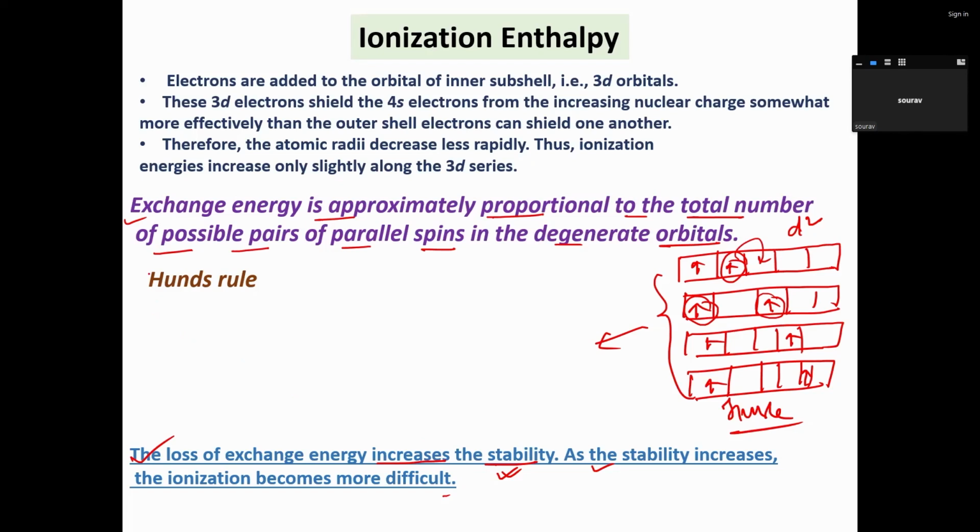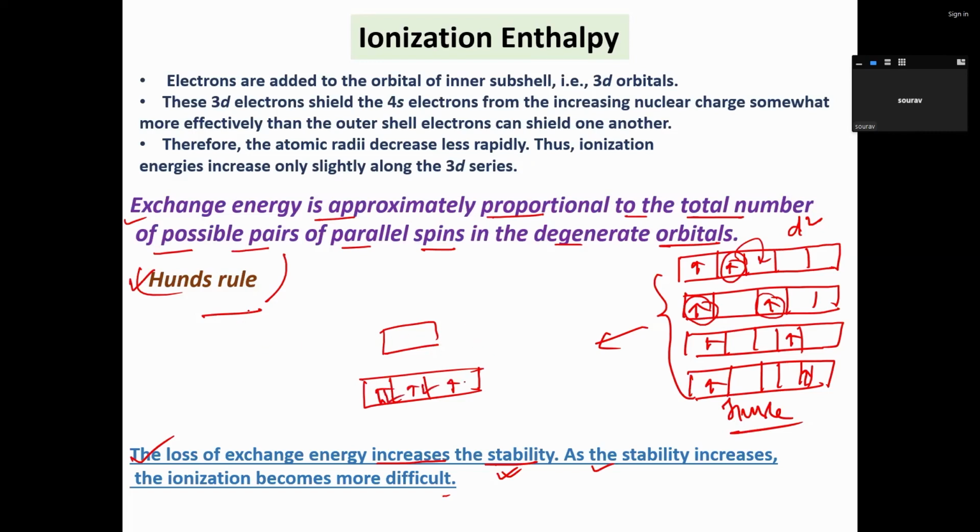According to Hund's rules, as we know, the orbitals will be filled by electrons one by one. When the lowest energy orbitals are filled, then the electrons will go to higher energy. When the orbital is filled by six electrons, then the seventh electron will go to the higher energy.